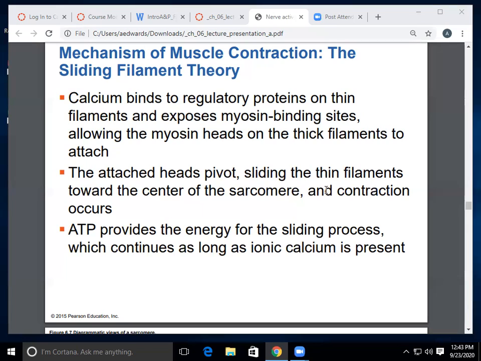Because the depolarization is really a way of describing your muscles from an electricity standpoint. This is more describing it from a physiology standpoint of the pieces. ATP is your energy source for the sliding. And you'll continue to have that ATP as long as you have calcium ions.